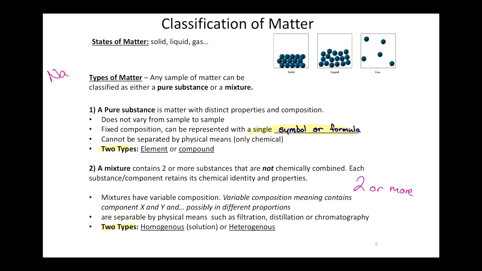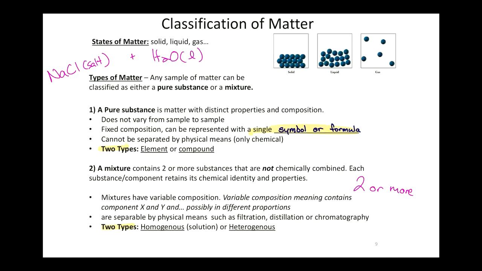So I'm going to say NaCl, that's salt, and water, which we represent as H2O, liquid. So NaCl, just table salt, is a pure substance or mixture? It is a pure substance, because NaCl is just one formula. I'm able to represent salt with one formula and that's it. So it's a pure substance.